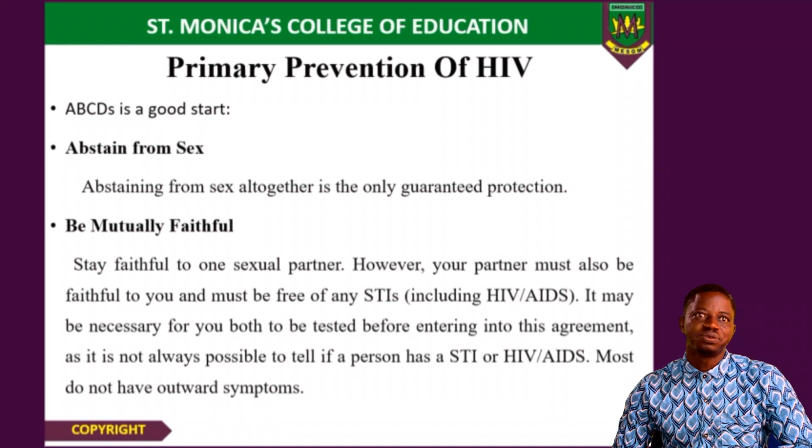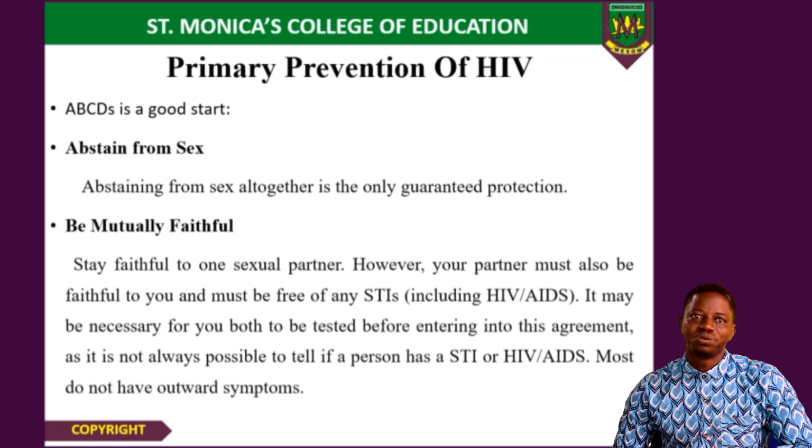Be mutually faithful. Stay faithful to one sexual partner. However, your partner must also be faithful to you and must be free of any STIs, including HIV. It may be necessary for both of you to be tested before entering into this agreement. It is not always possible to tell who has HIV or an STI.